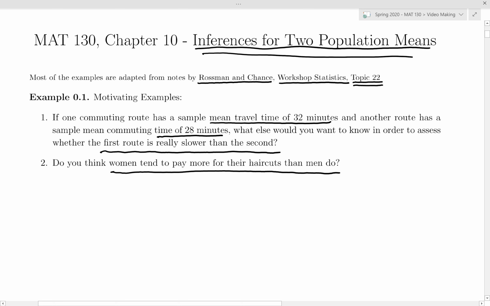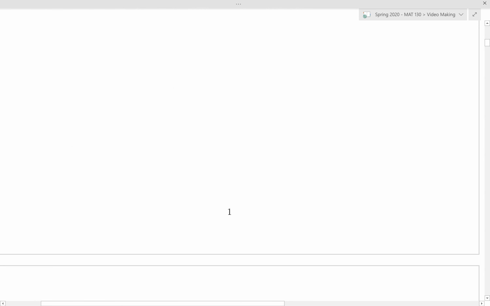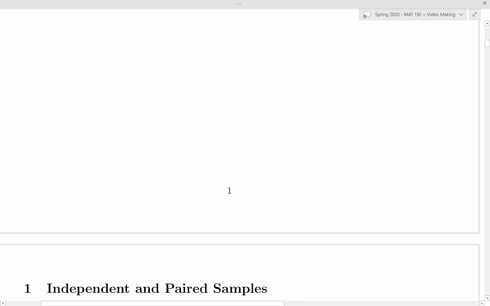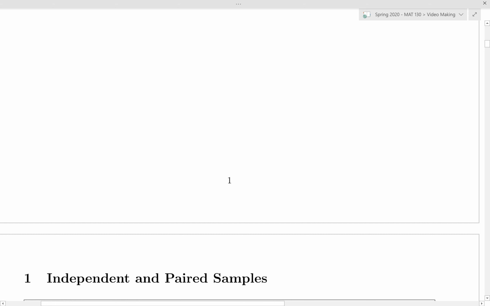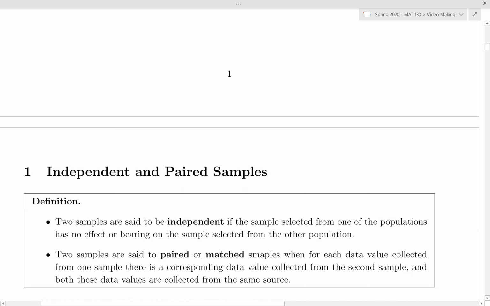Broadly speaking, we are going to be examining inferential procedures for comparing population means of two populations. The type of procedure we use is going to depend on the type of samples we pick, and we are going to work with two types: independent samples and paired samples.